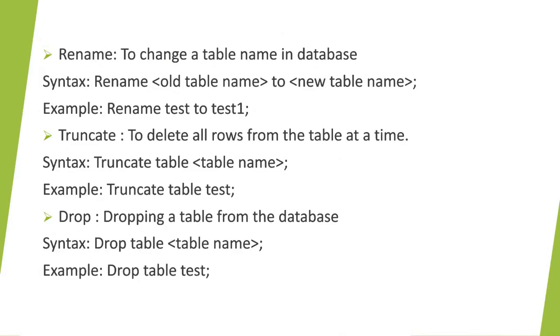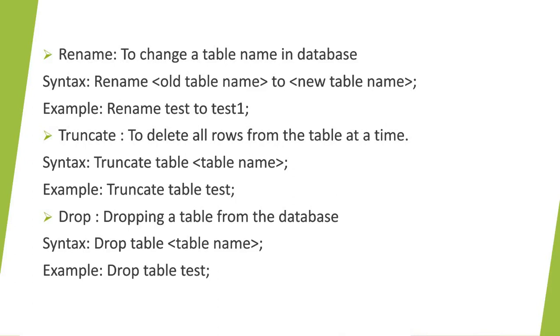rename. We use this rename command to change a table name in the database. Previously I showed you how to change the name of a column in a table. This rename command is to change a table name in the database. For example, I want to change the table name of the employee table which I created just now. Rename old table name to new table name.